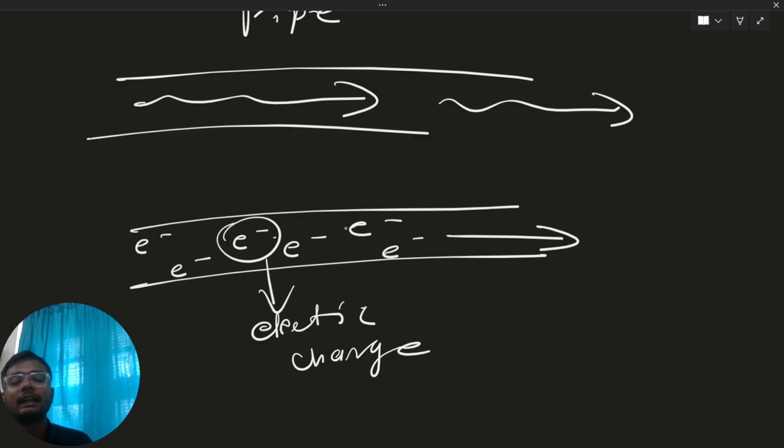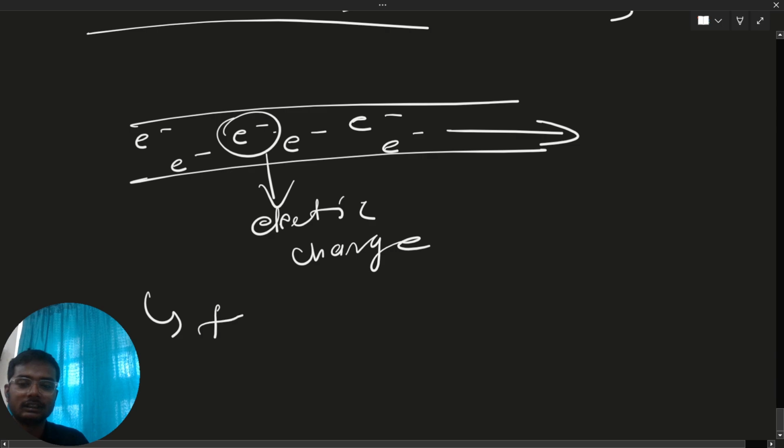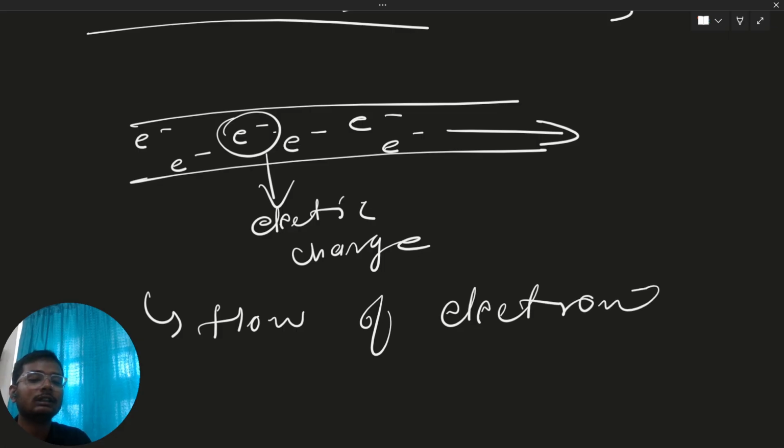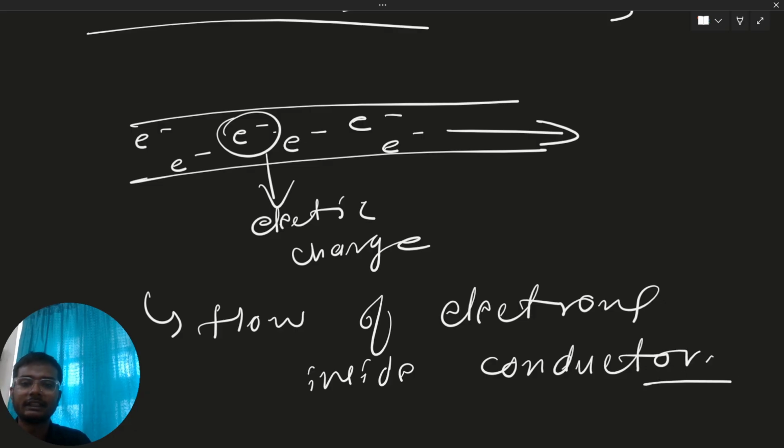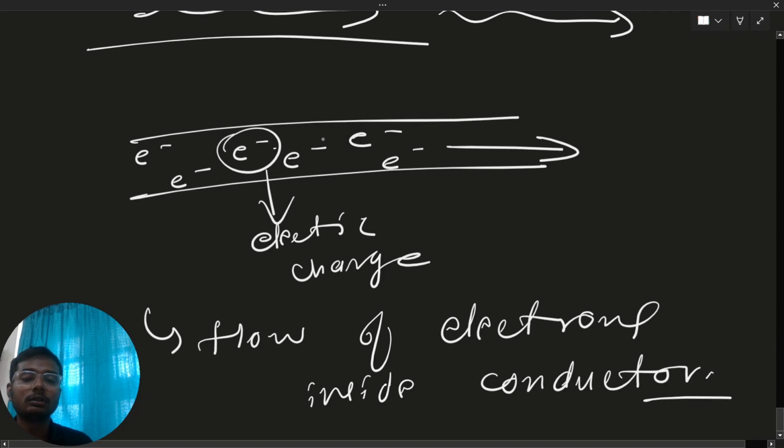So electric current is nothing but the flow of electrons inside a conductor. That's why we call it an electric current, because it is not one, two, three, or ten electrons.